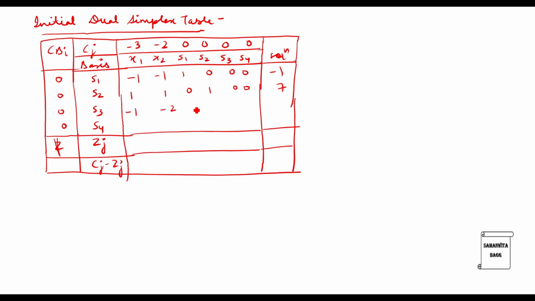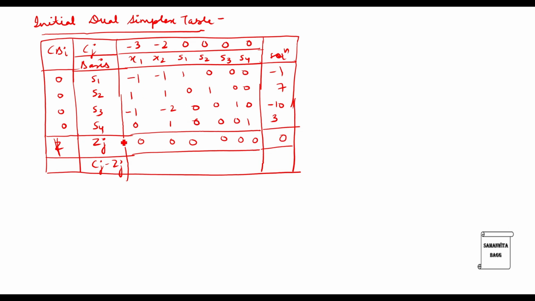Minus 1, minus 2, 0, 0, 1, 0, minus 10. And this is 0, 1, 0, 0, 0, 1, 3. Now I'll multiply this CBi value into each of these terms over here and add them. Since all 4 are 0, these will also turn out to be 0.